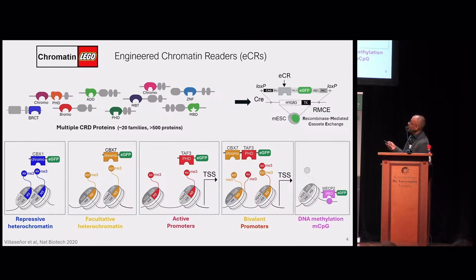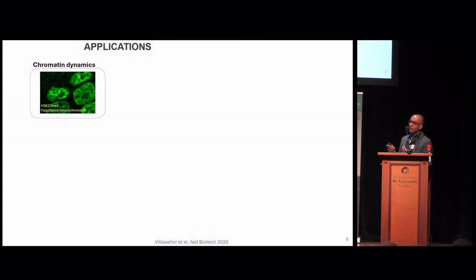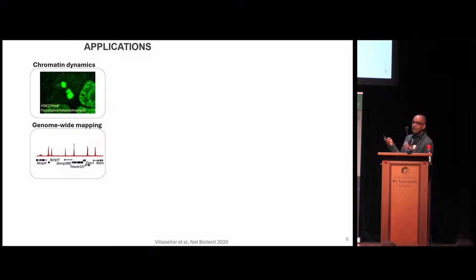Our group has been successfully employing these readers, for example, to assess dynamics of chromatin in live cells when you fuse those readers with GFP. In this example, this allows us to track facultative chromatin in live cells so we can understand dynamics over the cell cycle. We can also use these ECRs expressed in the cells to look at genome-wide binding.